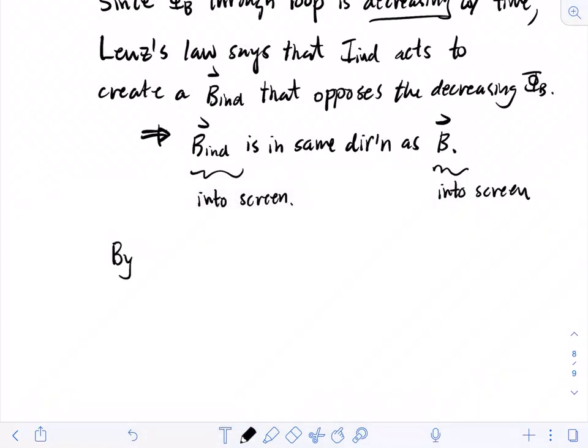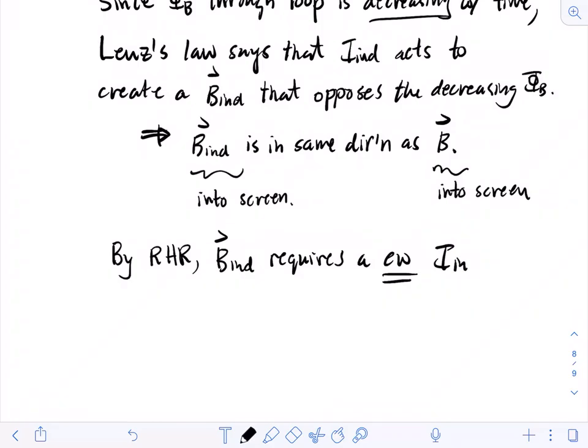So by the right-hand rule, B induced requires a clockwise I induced.